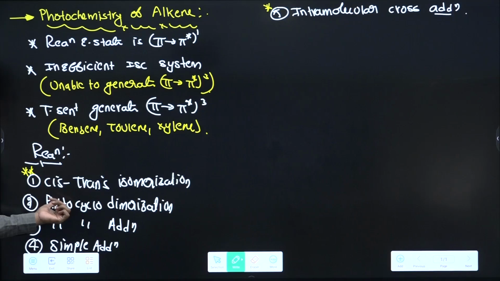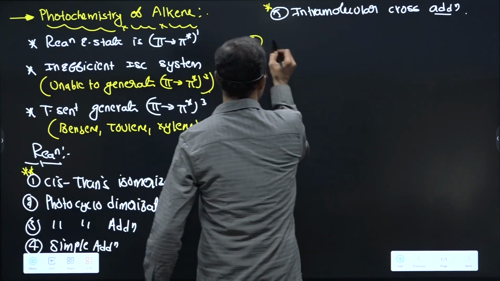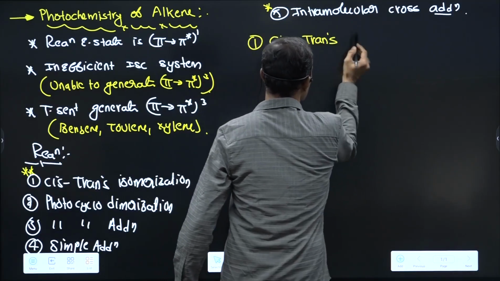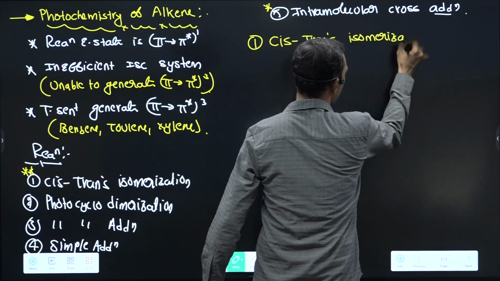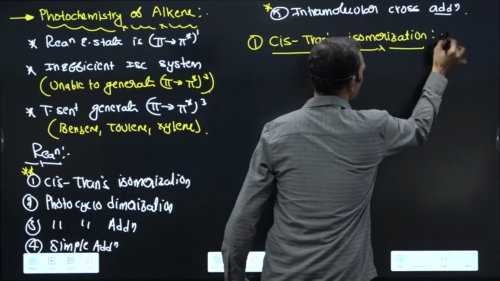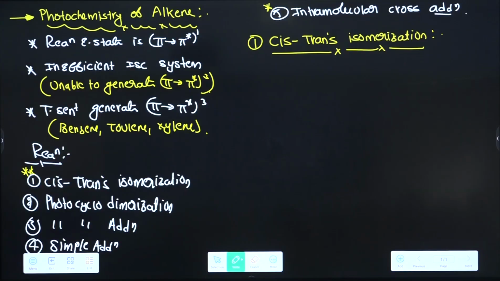Olefin cis-trans isomerism. Next is cis-trans isomerism or cis-trans isomerization.